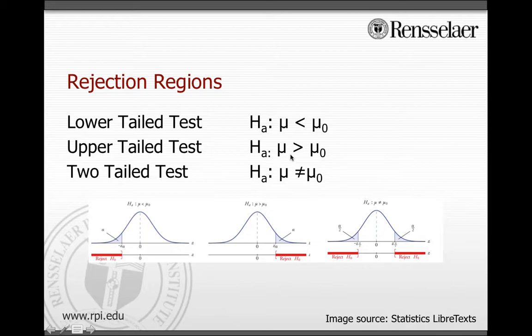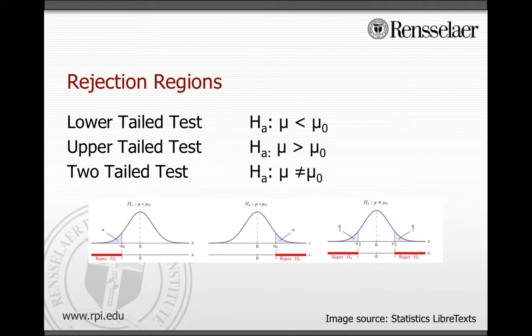But for the upper and lower-tailed tests, you'll notice that the upper-tailed, the greater than sign, looks like the upper end of this normal graph, where the lower-tailed test, this less than sign, looks like the lower tail of this graph, which is just an easy way to remember what you're doing.